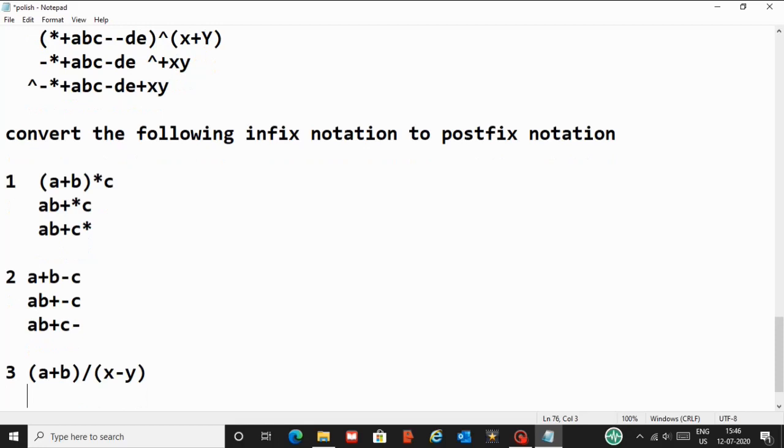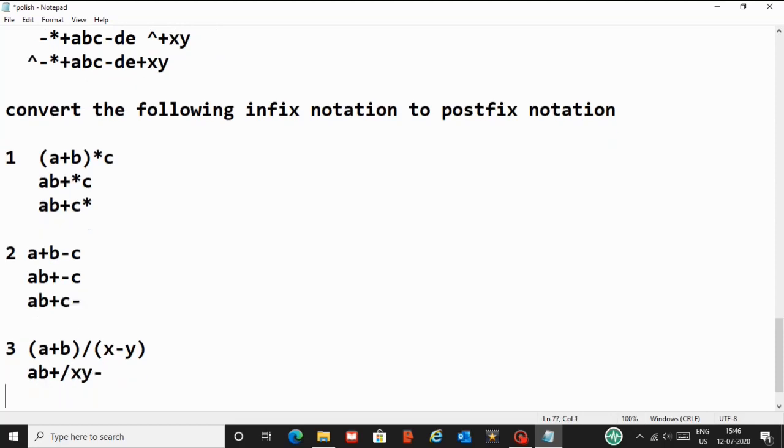So A plus B by X minus Y, brackets have to be done first. So I will say AB plus by X minus Y. So X, Y minus, right?